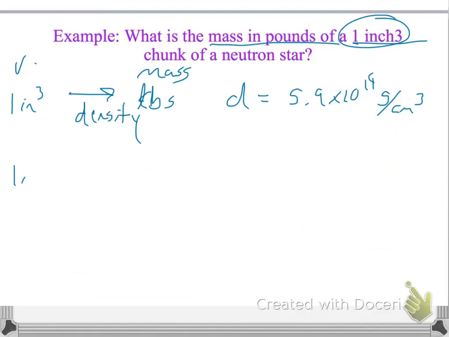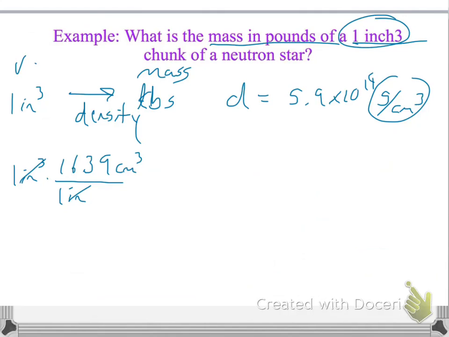So 1 inch cubed, and to utilize this density we need to get volume into centimeters cubed, and we know that 1 cubic inch, because we did this before, is 16.39 centimeters cubed.